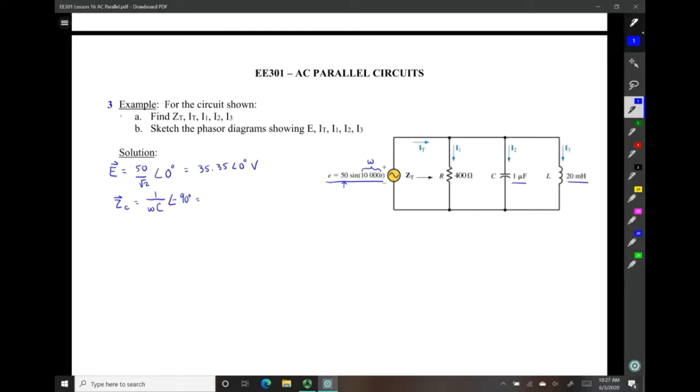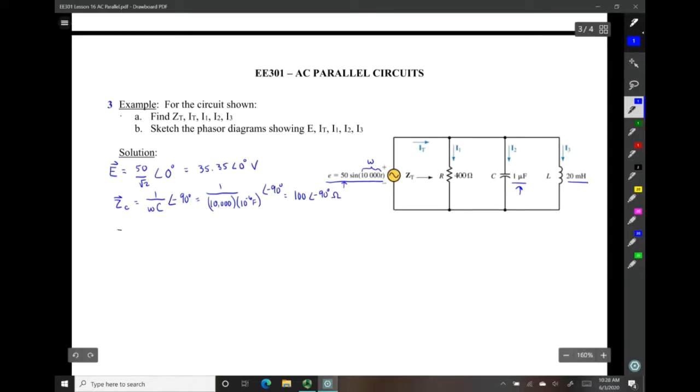So we can just go ahead and plug in 10,000 straight into our formula, and multiply that by capacitance right here, 1 microfarad, which is 10 to the minus 6 farads. And this gives us 100 ohms minus 90 degrees.